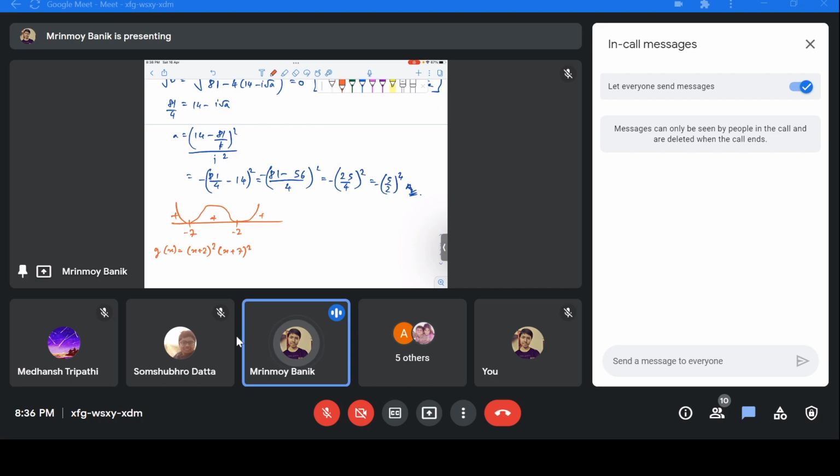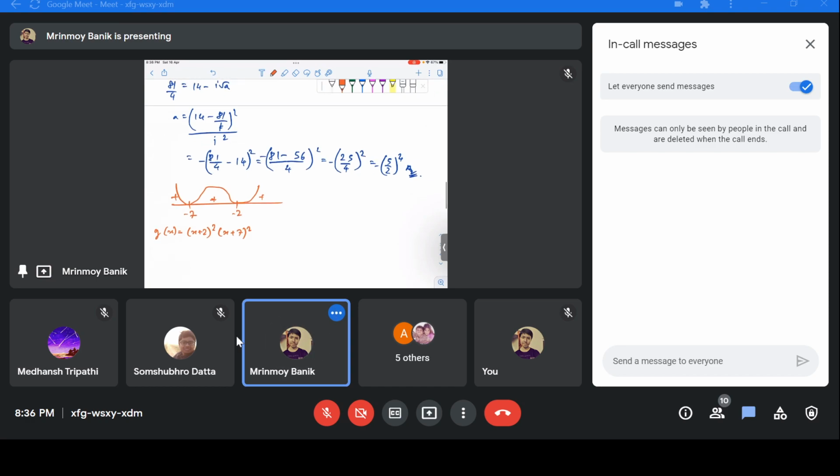So we have minus 7 and minus 2 as the critical points. Plus, minus, plus, sorry, plus plus plus, since they are positive power. So we can roughly guess the curve has to be something of this sort since it's continuous at all the points on the real line. So now there is a maxima here somewhere between minus 7 and minus 2. So let's differentiate it to find it.